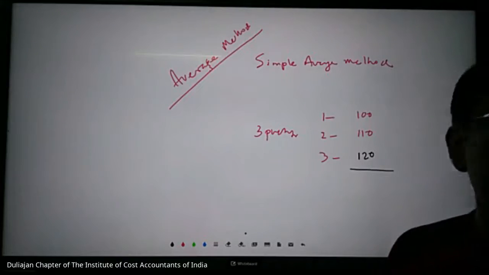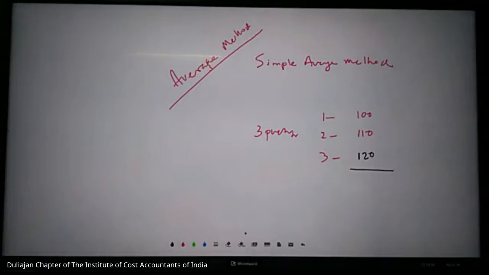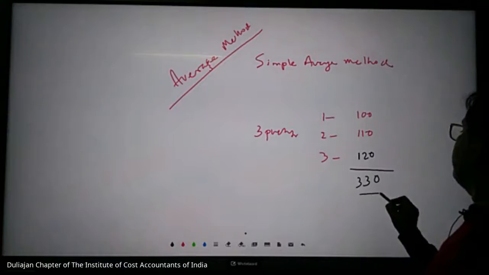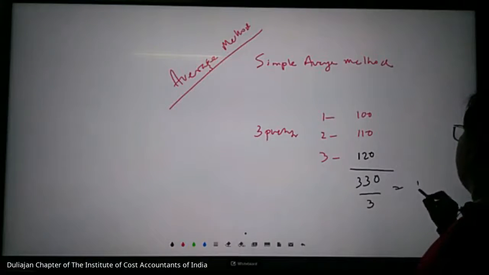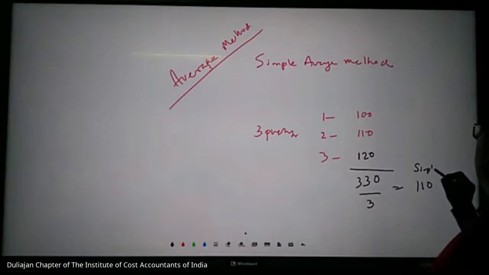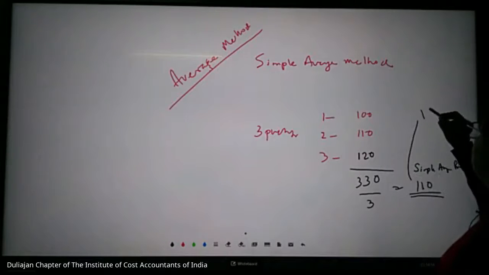So what I do is a very simple average: 330 divided by 3 is equal to 110 rupees, my simple average price. So I will issue at this price.